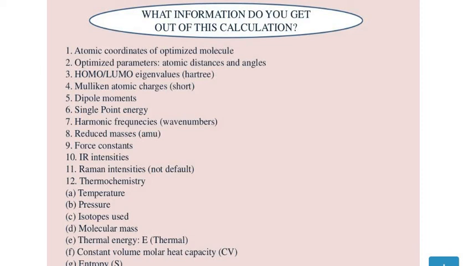Third, HOMO-LUMO eigenvalues, Hartree. Mulliken atomic charges, dipole moments, single point energy, harmonic frequency, wave number, reduced mass, force constants, IR intensities, Raman intensities (not default), thermochemistry, temperature, pressure, isotopes used, molecular mass, thermal energy, constant volume molar heat capacity, and entropy.